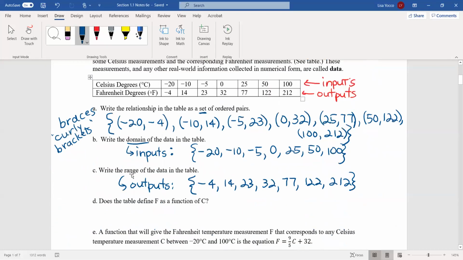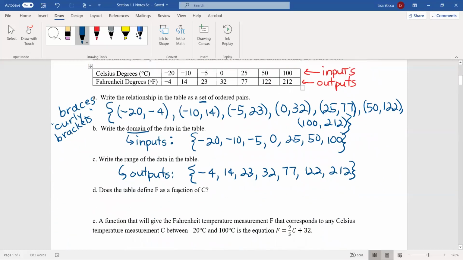Okay, next question. Does the table define f as a function of c? So let me just say, here is the informal definition of the function.